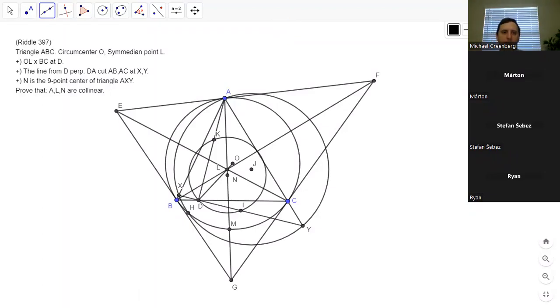Maybe we could define N some other way and then show that that's the 9-point center. I kind of like that better. I just don't know how we define N. I guess what we could do is let the perpendicular bisector of BI meet AG at N, and then we could try to show that's the 9-point center.